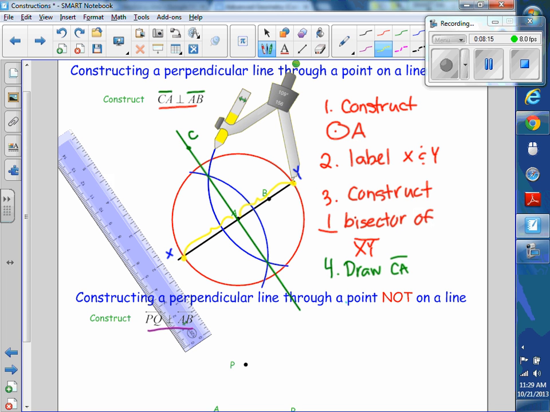A compass basically makes circles, and with circles, you can do all kinds of constructions. And when you measure, it's a different skill, that's all.